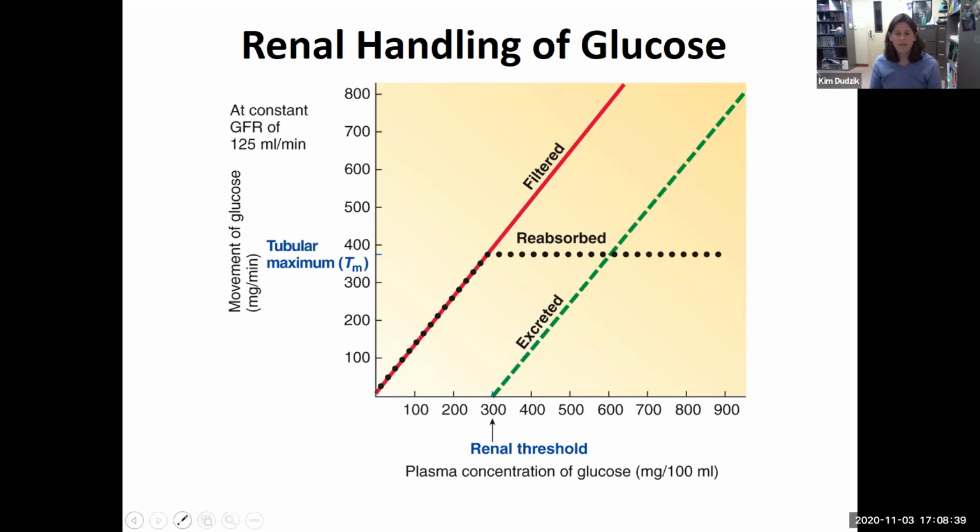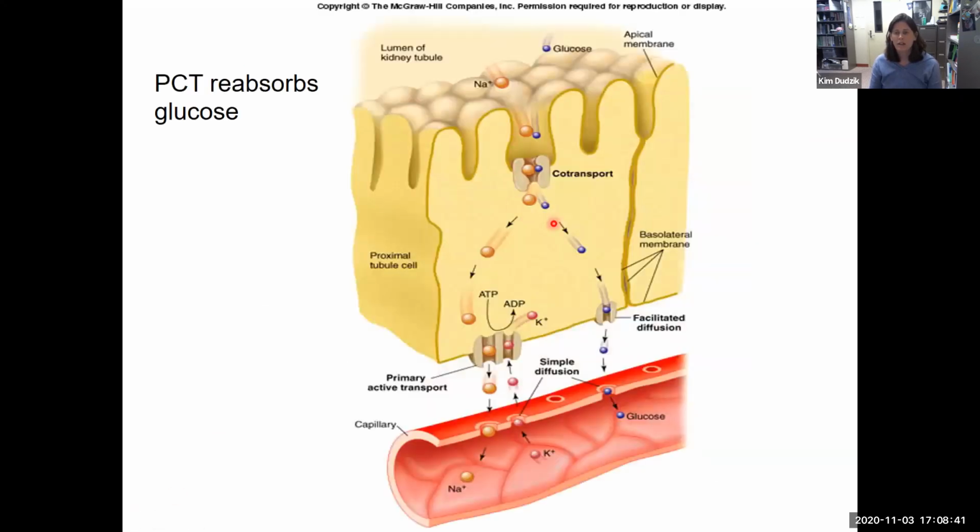It's a finite amount because there's only a certain number of these transporters. Imagine they're all along these cell membranes. If sodium and glucose are busy on this transporter, the next glucose coming along can't bind to this one. It's got to move to the next transporter that might be available.